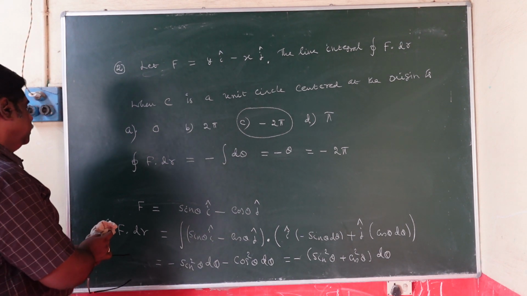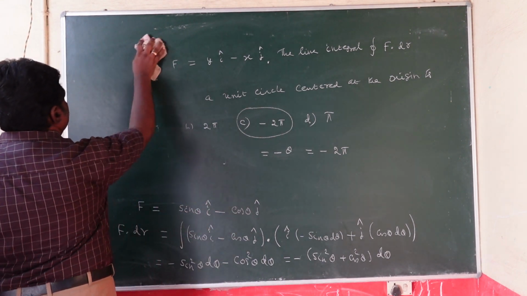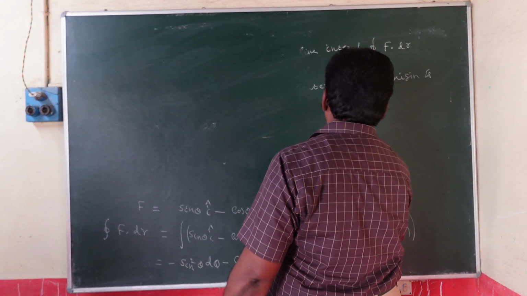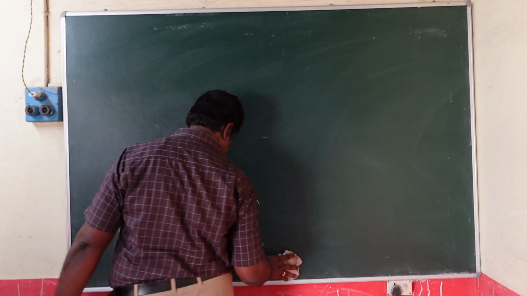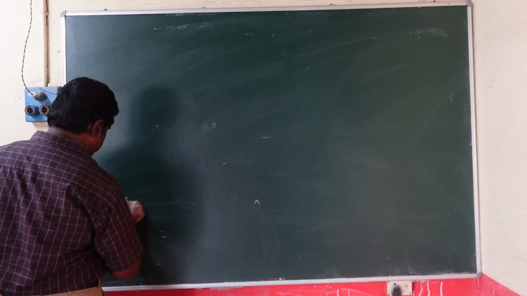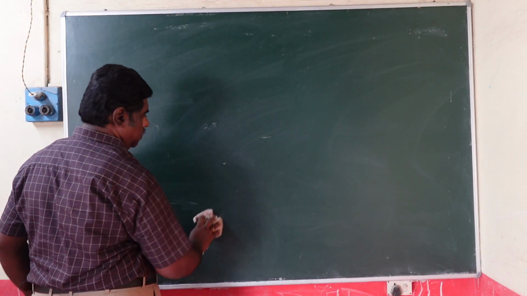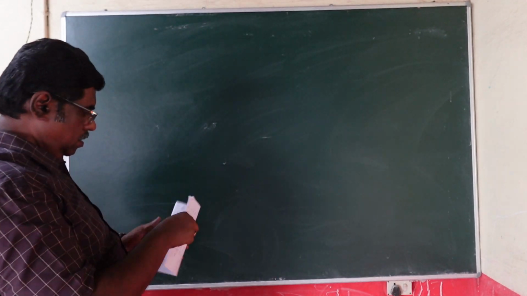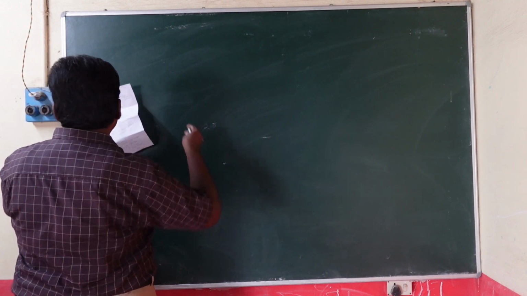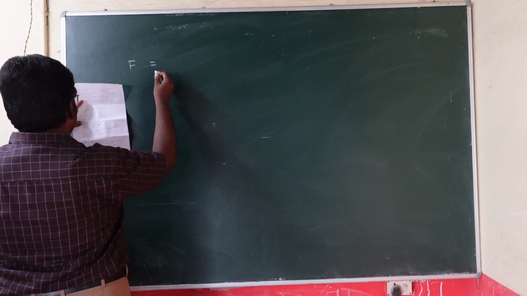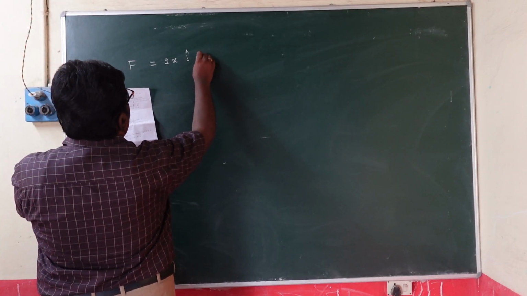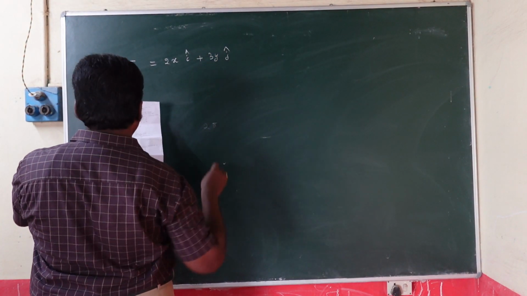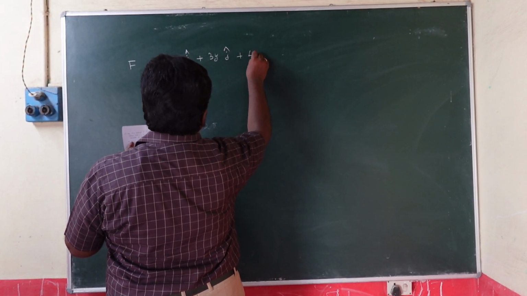Now we will go to the third problem. F is equal to xi plus 3yj plus 4zk.